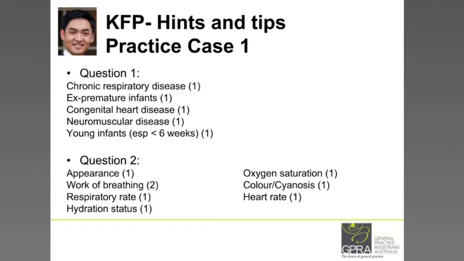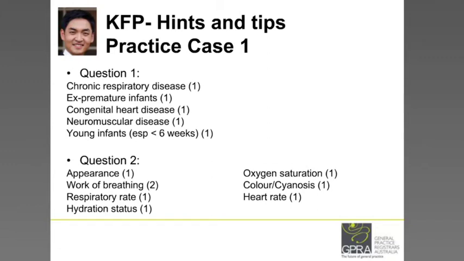Okay, so these are the answers for both question 1 and 2. Just to remind you of question 1, it was basically to list 3 factors that increase the risk of developing severe bronchiolitis.